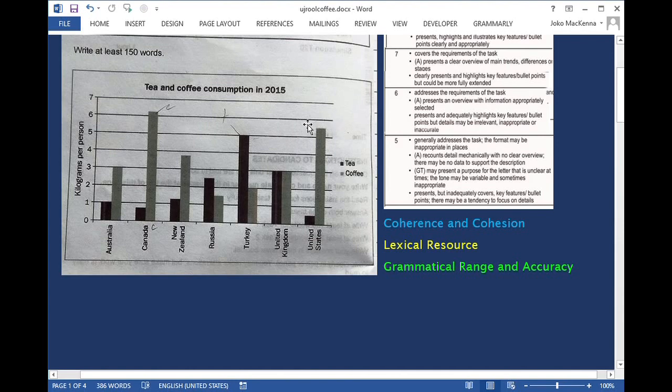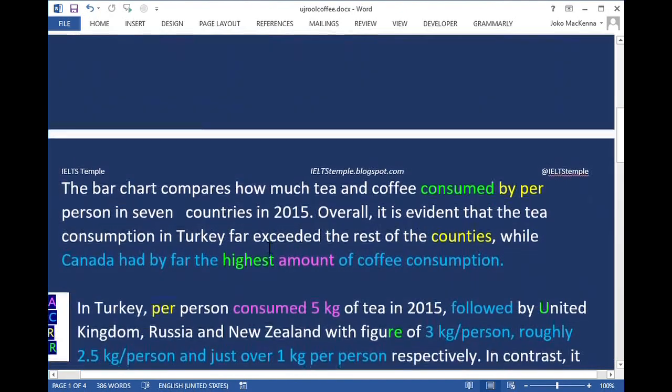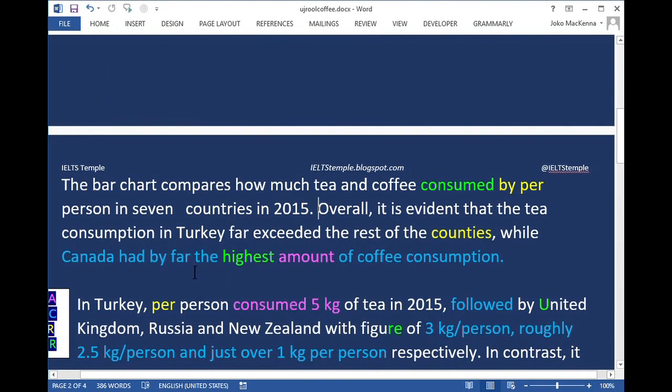Is that by far? Be careful that you don't use the words that you've been told to use incorrectly. You could say that Canada and the United States had by far the greatest coffee consumption. Now, what else is interesting here? Now, why did I pick C and C? I forgot now.